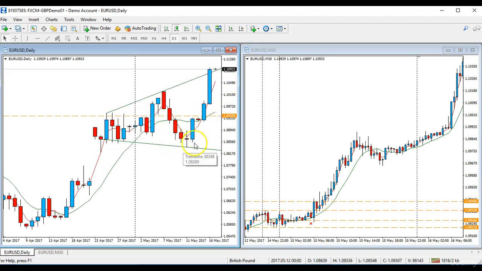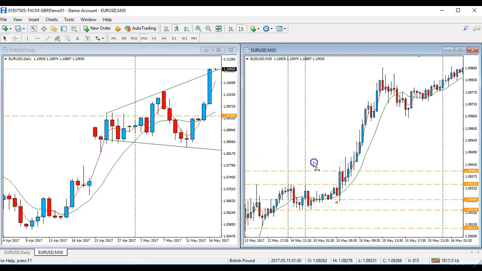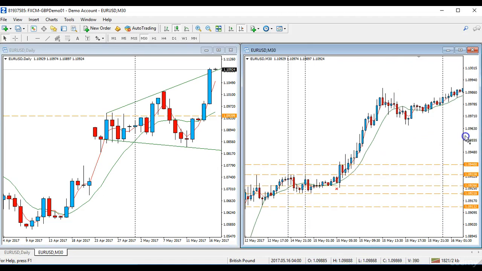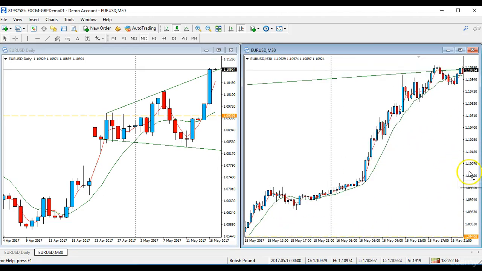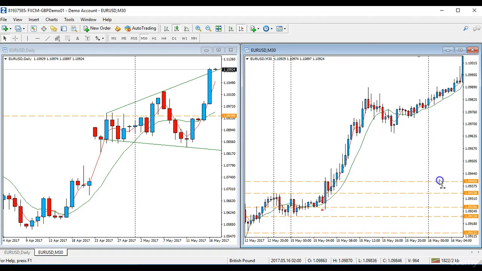You find where price is going to start moving with momentum, and then you go down to the lower time frames and find ways of entering the market with a low risk entry, and you go for a high reward. All my trading systems are based on that principle: to find these low risk, high reward entries into the daily, 4-hourly or monthly momentum, so that you will make a profit overall on your trades.